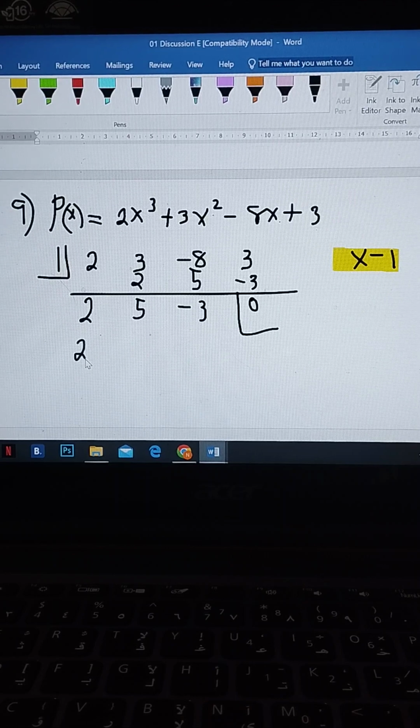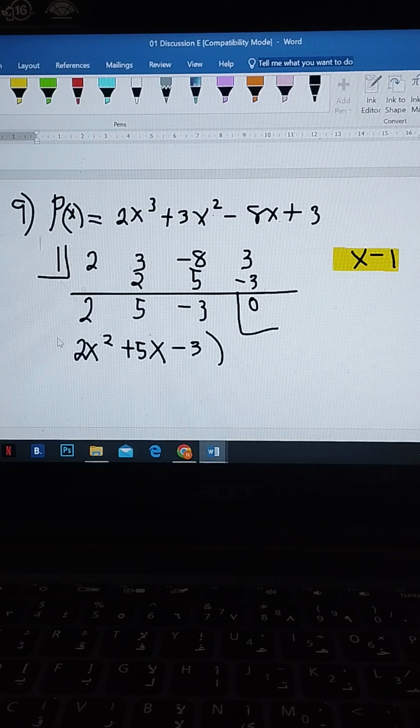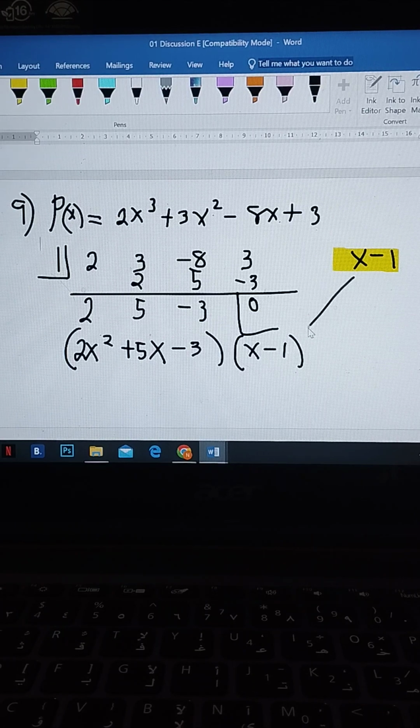Okay, so this is 2x squared plus 5x minus 3 times the factor x minus 1, this one.